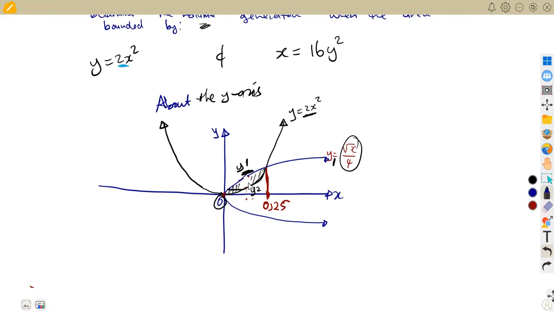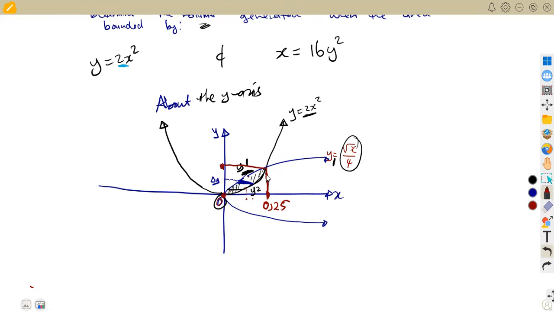We are going to have our representative strip this way to the y-axis, all right? So you must have the limits corresponding to the y-axis. The limits will be taken at the point of intersection here, which is 0, and at the point of intersection here, you must have the corresponding value of y.